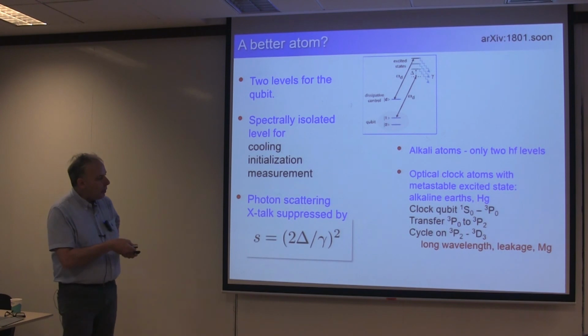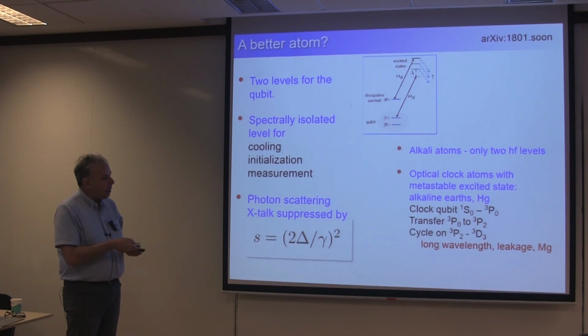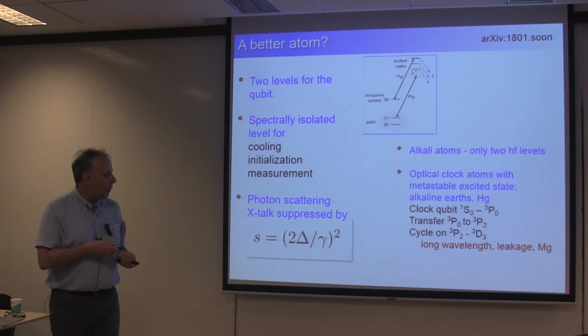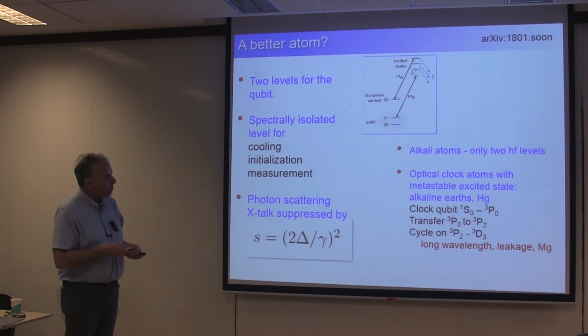It turns out if you look at the atomic structures in detail, you find either that this is at a very long wavelength, which makes it hard to count photons, or there are leakage channels. Actually, magnesium looks the most promising here, although laser cooling has proven difficult in magnesium. So that's one possibility. And then the lanthanides turn out to be another one.